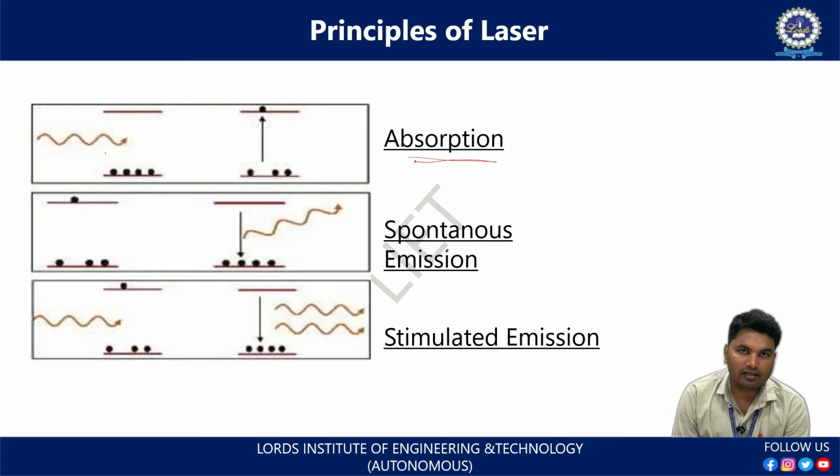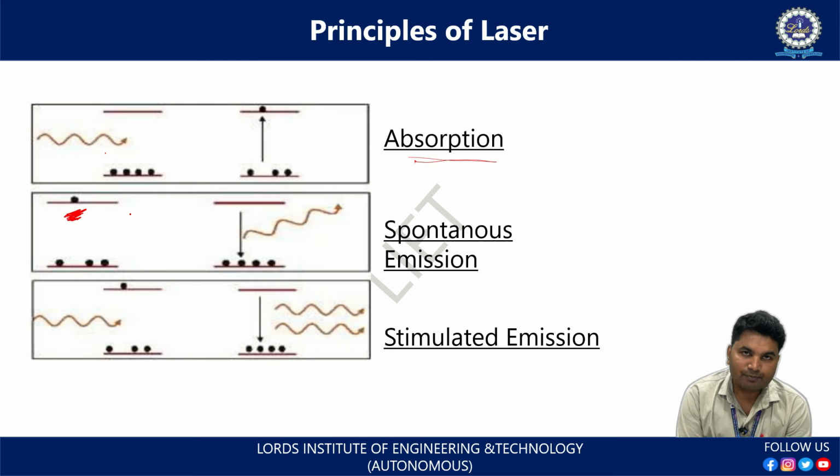Then we are having a case where spontaneous emission is happening. If we see the second diagram here, in the first scenario, we are taking a case where the atom is already situated at higher energy state, such as excited state.